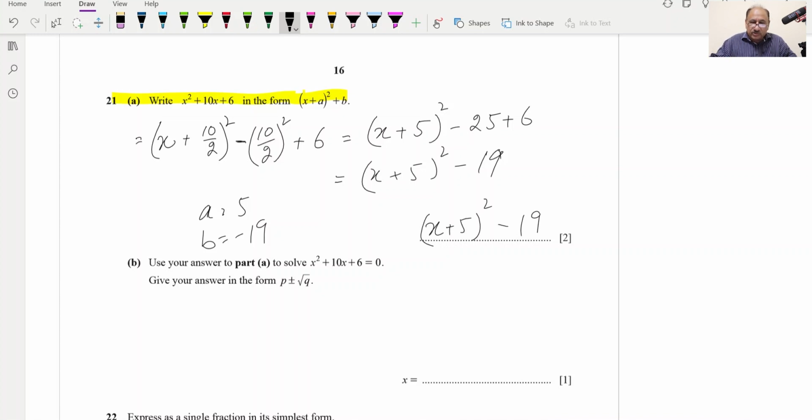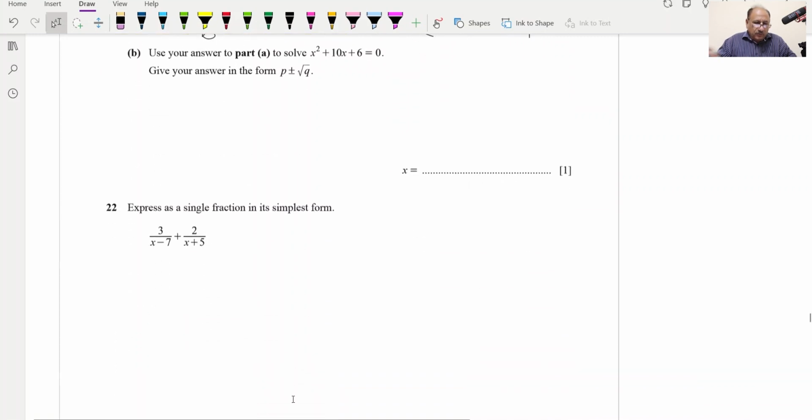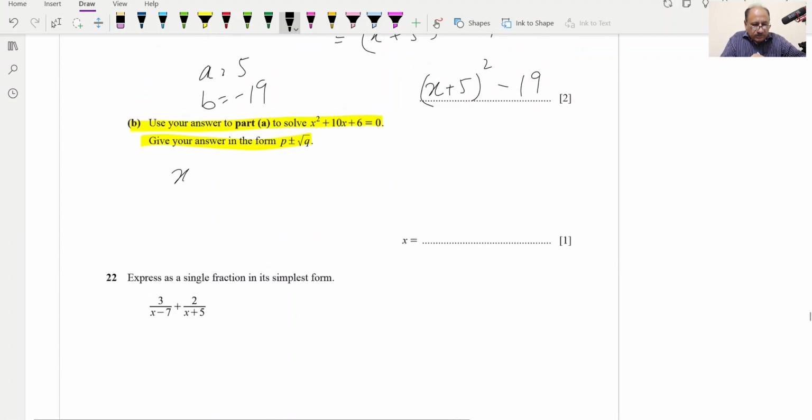This will be the final answer. Hopefully you understood this. Now B part, use your answer to part A to solve this equation. Give your answer in this format, and the same answer which we have just calculated, we can write x plus 5 squared minus 19, and they're saying equal to 0, so we'll put equal to 0.